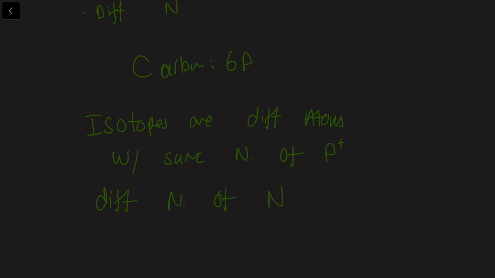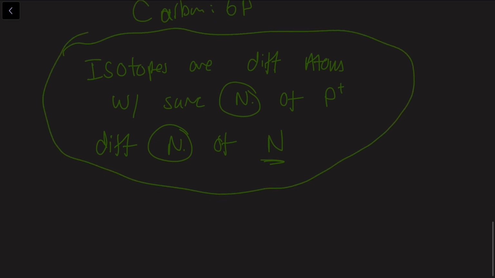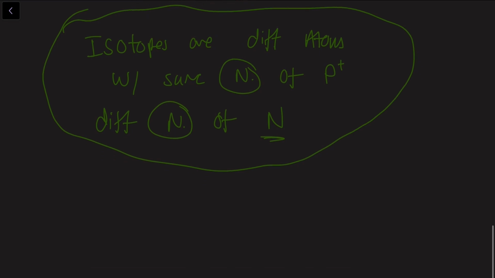The little dot here means number, and n by itself means neutron here. So that's your definition. I've written it in shorthand. Obviously, during an exam, make sure you write it out fully.